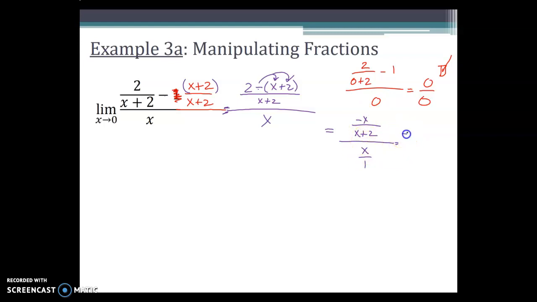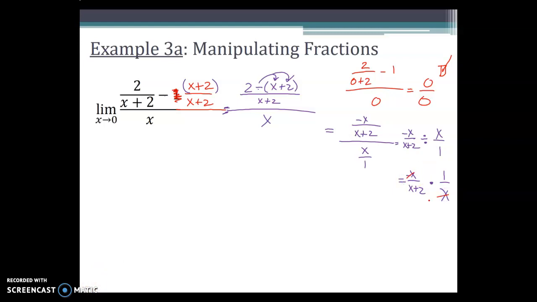If you don't, remember that this is the same as saying negative x over x plus 2 divided by x over 1, which is simply negative x over x plus 2 times 1 over x, and now we can see that those x's take care of each other, they divide each other out.